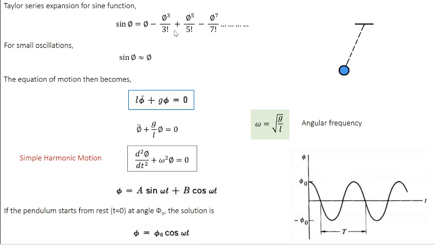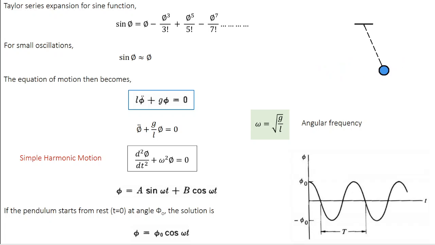Now the Taylor series expansion for sine function is given as sine phi equal to phi minus phi cube by 3 factorial plus phi to the power 5 by 5 factorial minus phi to the power 7 by 7 factorial all the way to infinity. So basically you have only the odd powers in the summation.